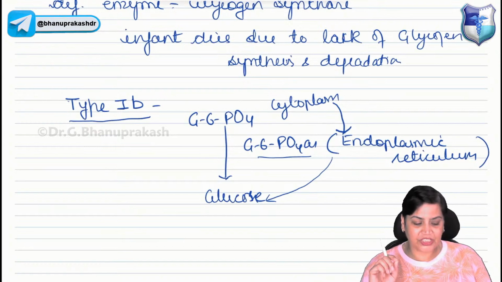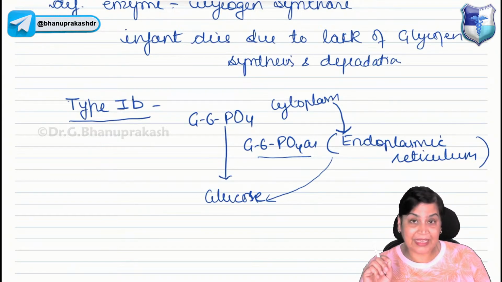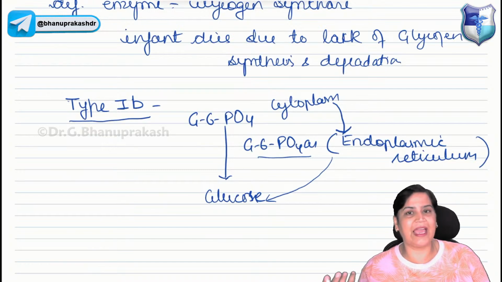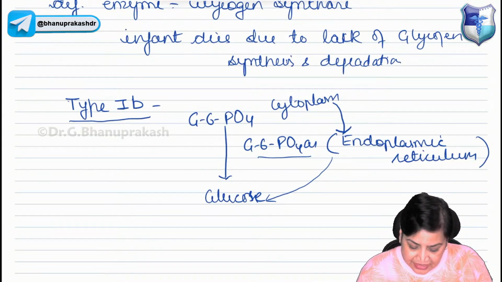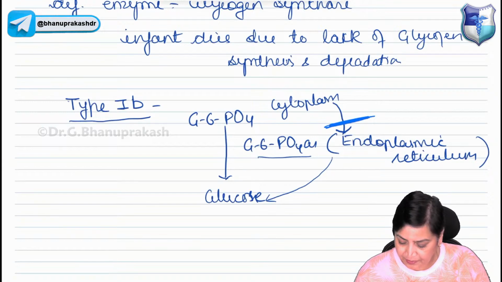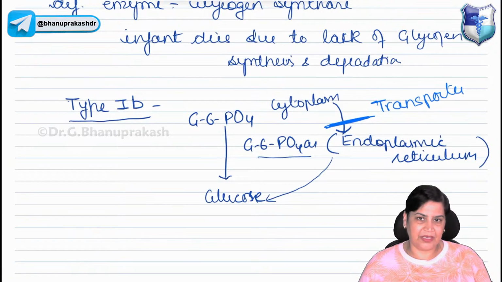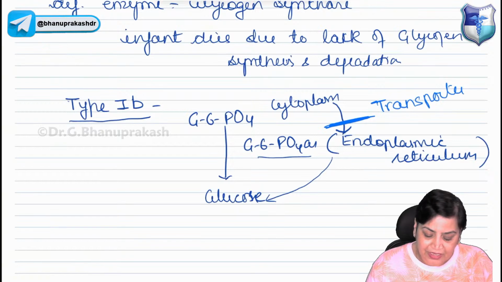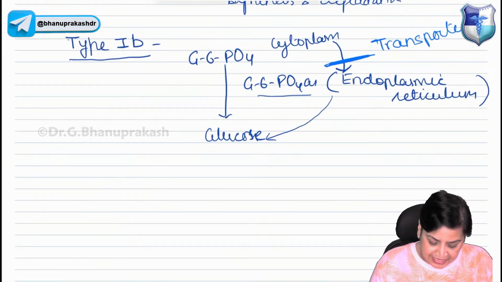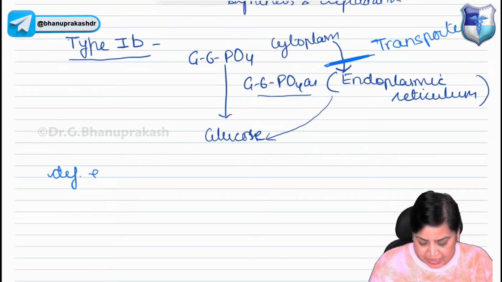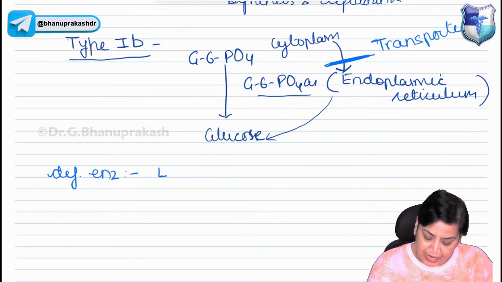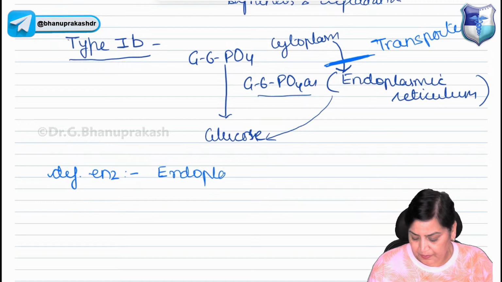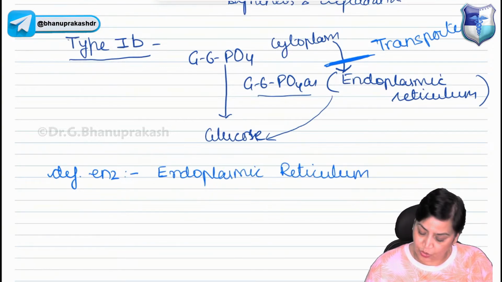Now for transportation, beta, the most important thing here is, what is a transporter? A carrier protein, right? If this transporter is absent, then what will happen? Glucose will not be synthesized. So then type 1B is there. So I can say that in type 1B, the deficient enzyme is endoplasmic reticulum translocase.